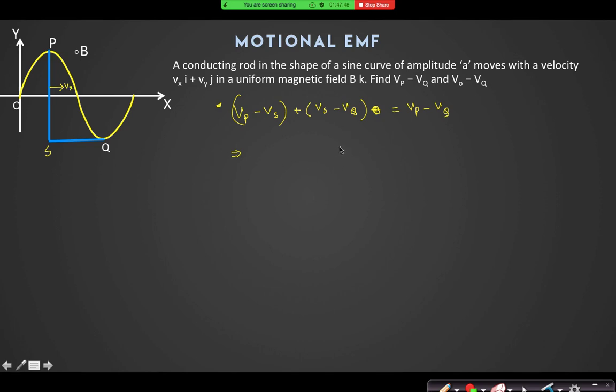And which direction will positive charges move here in this case? Sir, towards S. Yes, towards S. So Vp minus Vs is a negative value. Minus B into 2A into vx, yes or no? Yes, sir.